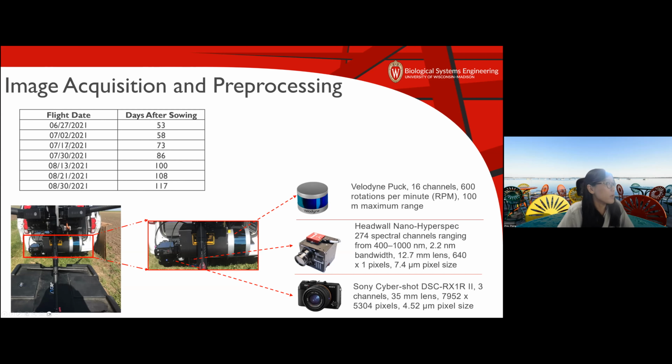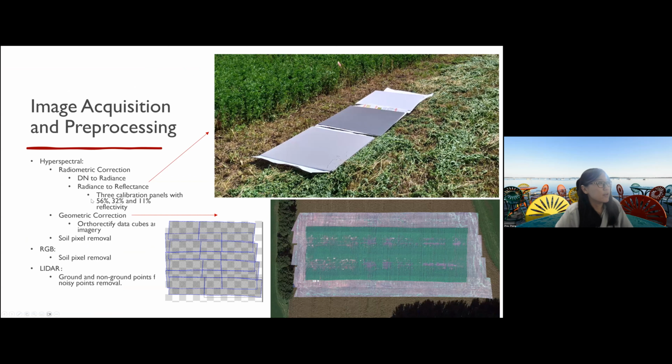So here we have 7 flight time series datasets, and then we combine all this data together for the model development. Before we do the real model development, we need to do some data pre-processing. This is the same process as in all other UAV types of work, because especially for hyperspectral data, we need to do some data calibration.